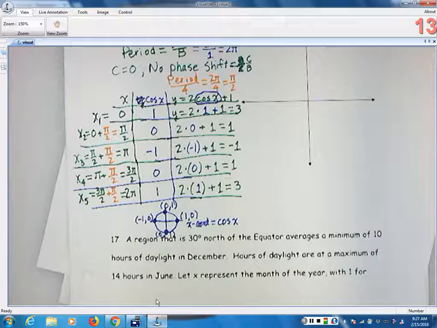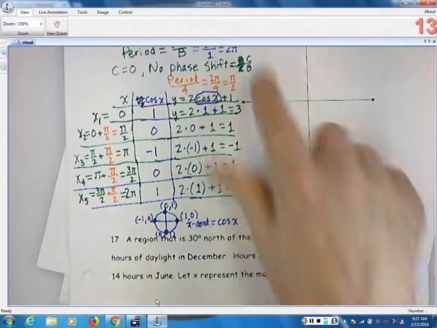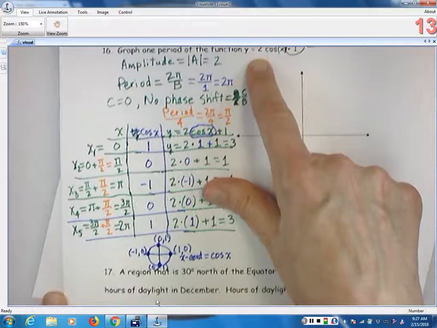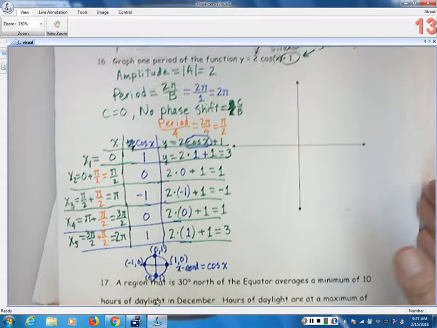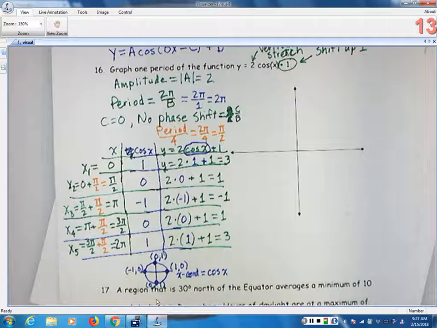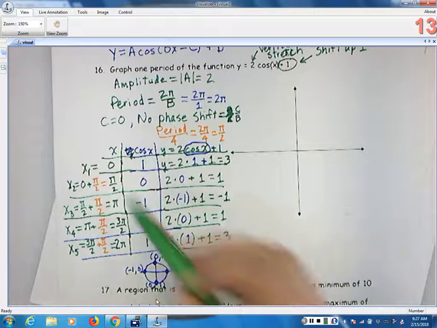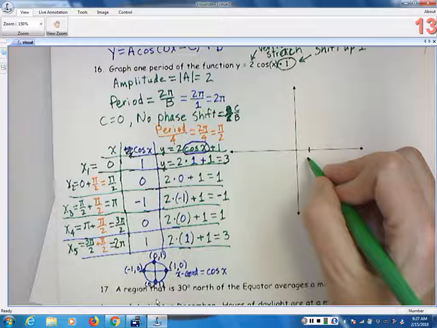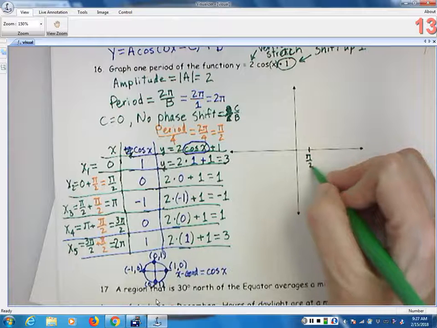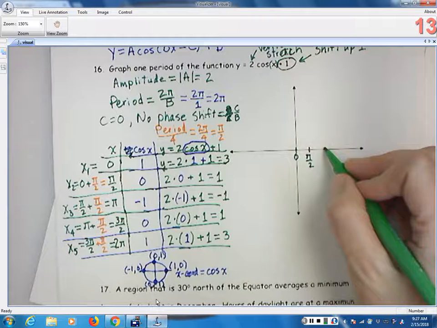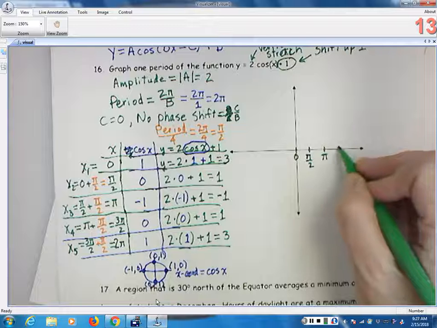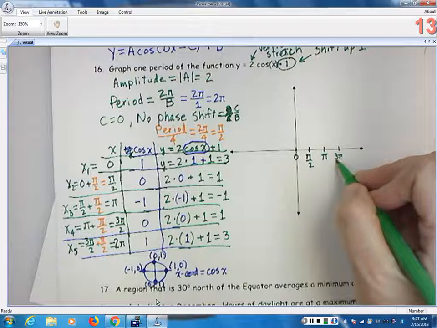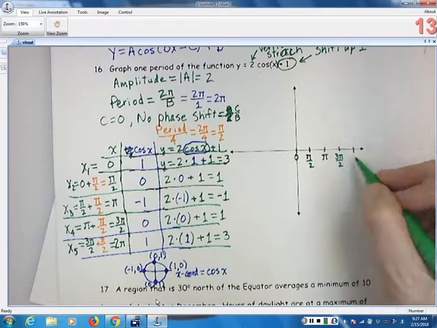This is just showing an amplitude of 2 and a vertical shift of 1, and what happens with the cosine. So we got the point 0, 3. Let's see. I guess we'll need to mark off pi over 2, pi, 3 pi over 2, and 2 pi.